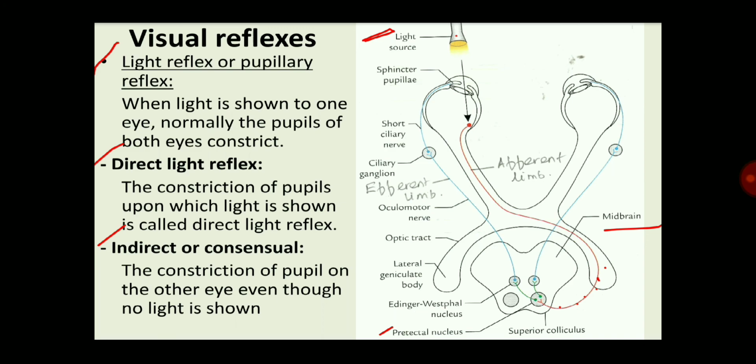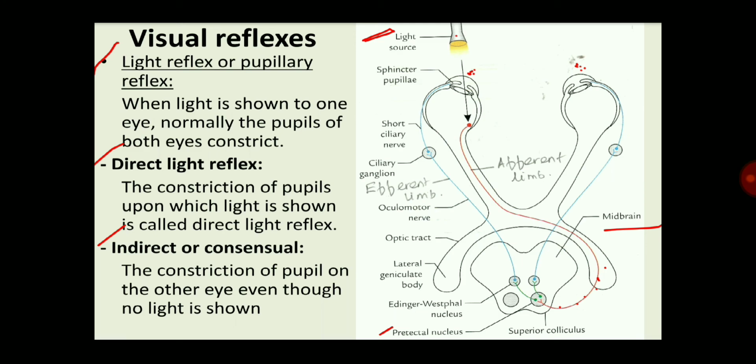When we say direct, there occurs a constriction of the pupil upon which the light is shown. If light is shown in the right eye, there occurs a constriction of the pupil of the right eye. This is the direct light reflex. While the indirect or consensual light reflex is constriction of the pupil of the other eye, even though no light is shown.